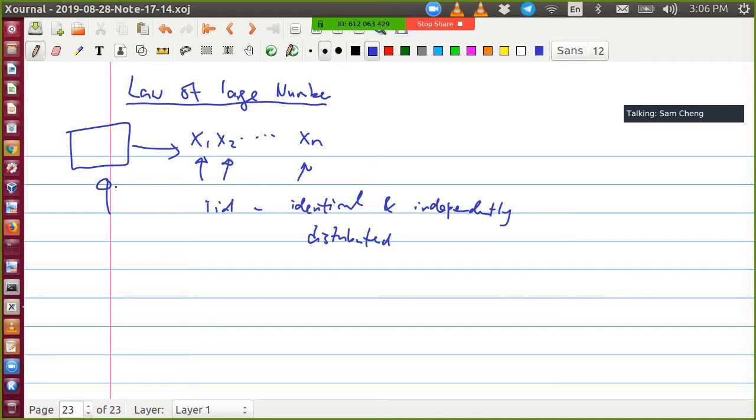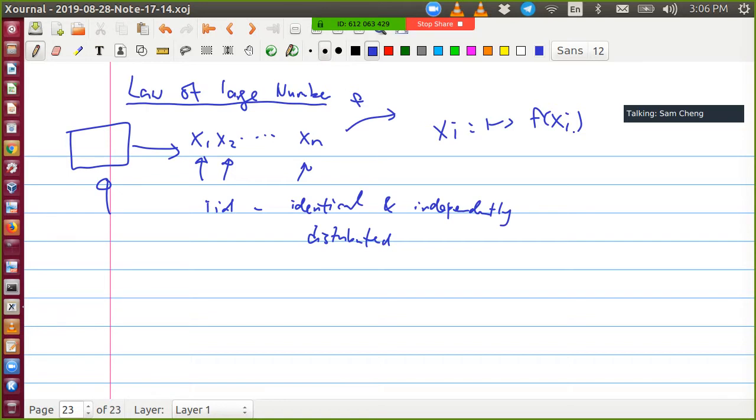For example, I flip a coin, and each flip is independent and it's the same coin, the same distribution. Then for each of the random variables, I apply a function f, any kind of function, mapping xi to f(xi).